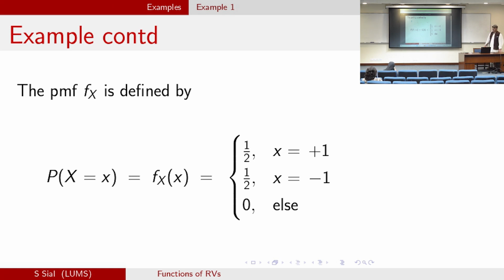Right, so the PMF for x is defined as that it takes the value 1/2 for x equals +1, it takes the value 1/2 for x equals -1, and it can't take any other value. Okay? So that's the PMF for this random variable.